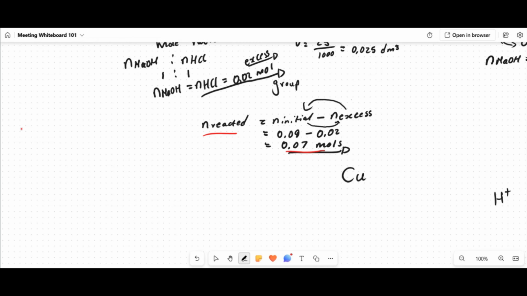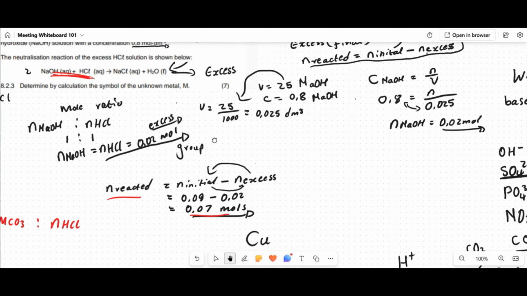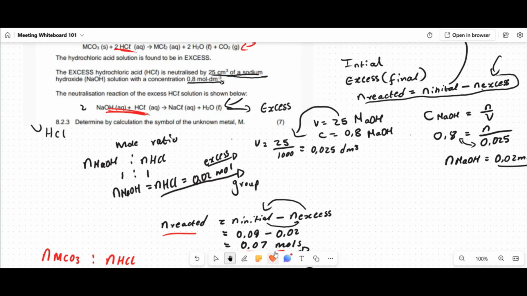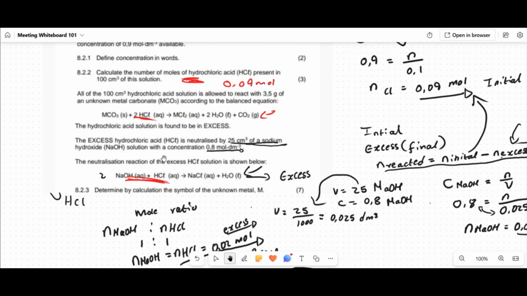So which means you are going to have again n(MCO3) reacting with n(HCl). Just that we don't know the mole ratio. What is the mole ratio? The mole ratio is 1:2.